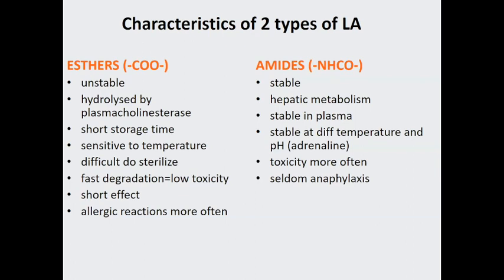Esters are metabolized by enzymes, by esterase within the blood. They are unstable. They have a short storage time, as well as a short blocking function, a short time of block, because they are very quickly metabolized. So the risk of toxicity is low, because there is no time for them to be in such a concentration that it causes toxicity.